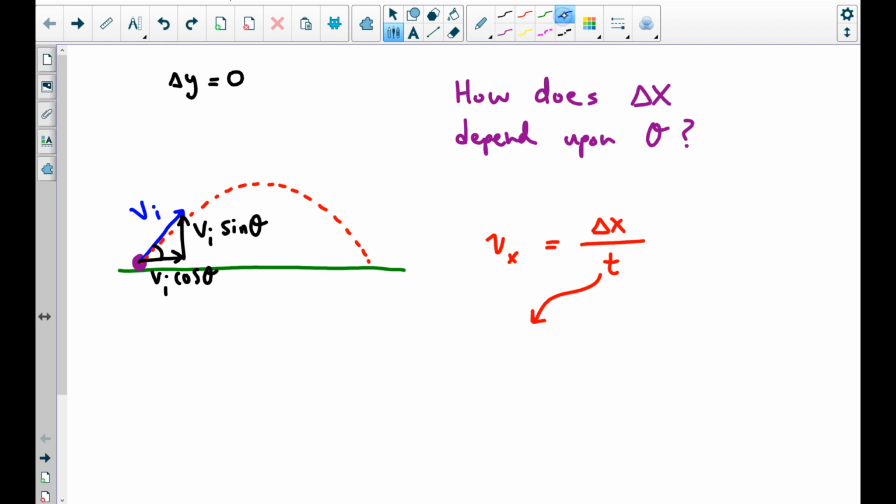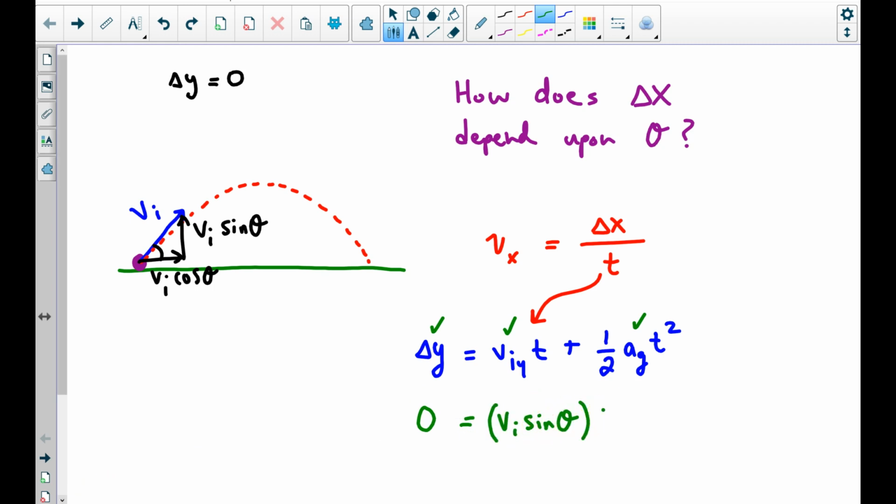Well, many of our solutions utilize this equation. We've solved several problems using that equation. Inspect what you know. Delta y is 0, ag is negative 9.81, and viy is simply vi sine theta. Let's plug those values in and see if we can isolate t, the time.